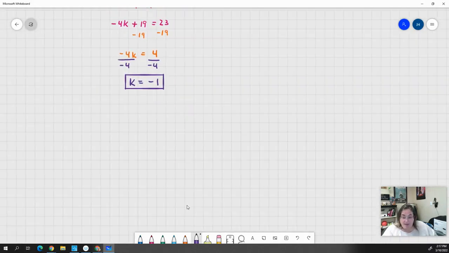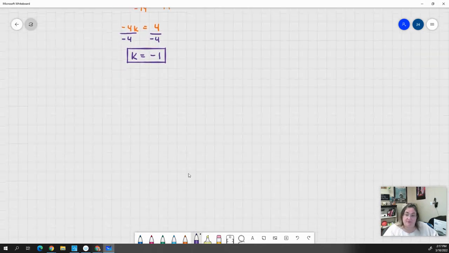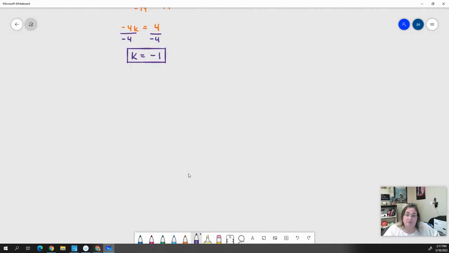So what happens when we have to solve, I don't want to say multivariable because it's not multivariable, multi-step, solving with variables on both sides.